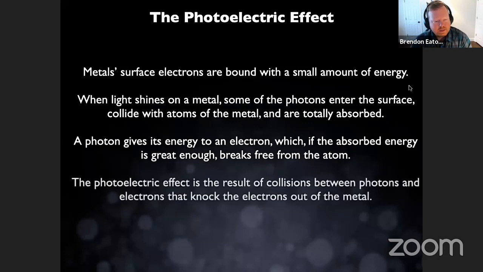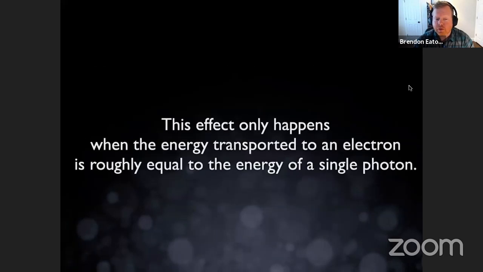And basically, the photoelectric effect is the result of the collisions between those photons, the individual packets of light, and electrons that knock the electrons out of the metal. It's the entire process. But this effect only happens when the energy transported to an electron is roughly equal to the energy of a single photon.